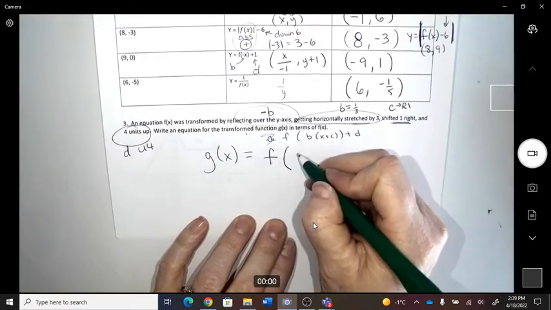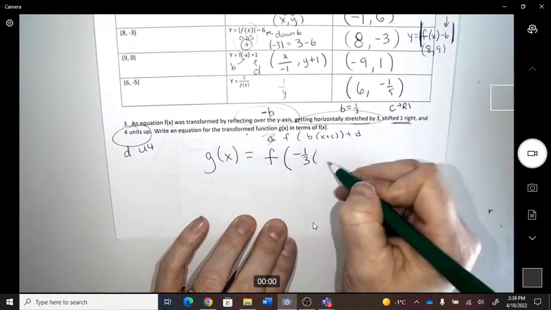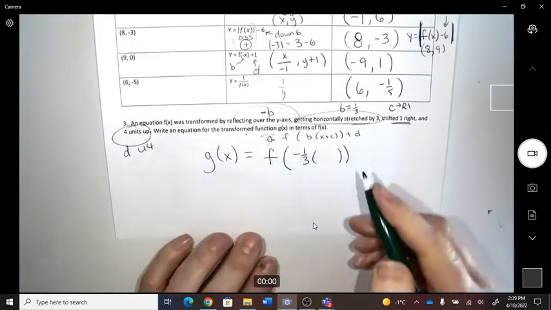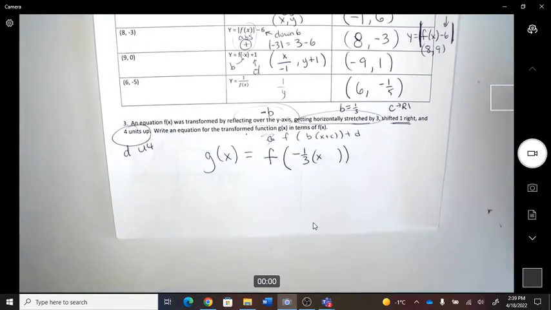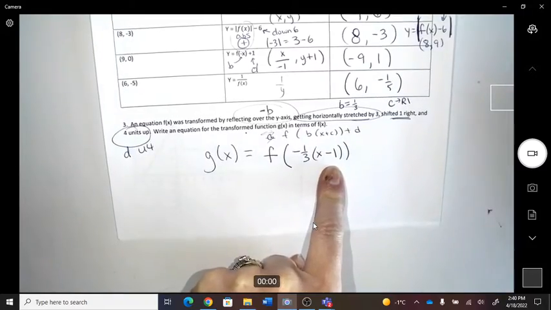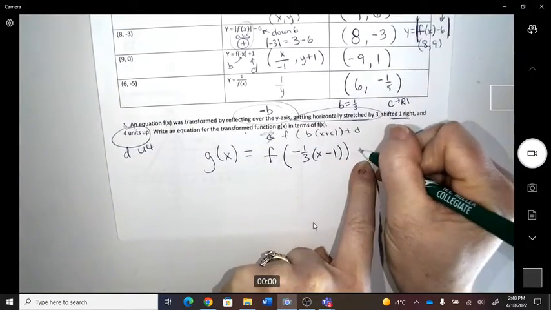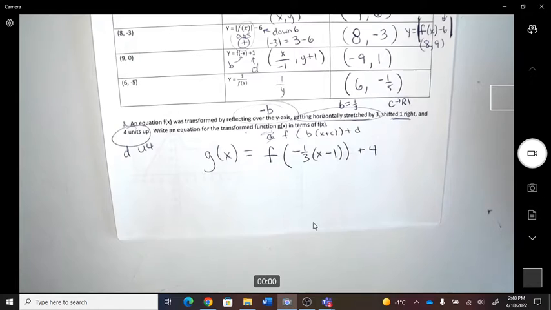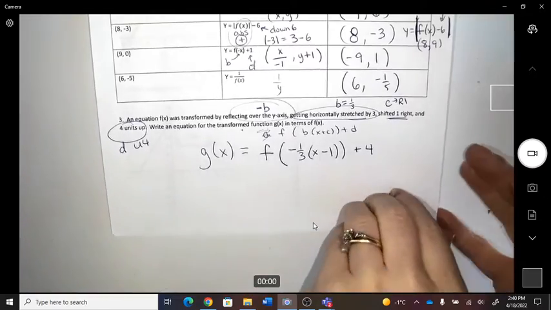F of negative 1/3. So we had negative 1/3 as the b. I need right 1, and I need an up 4. Okay, do you see how I broke all those thinking down?